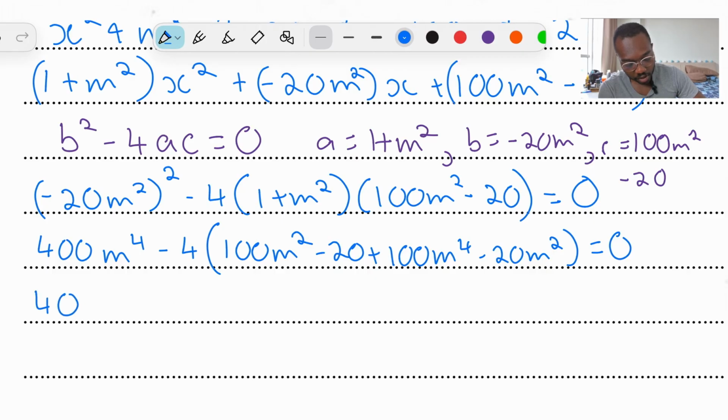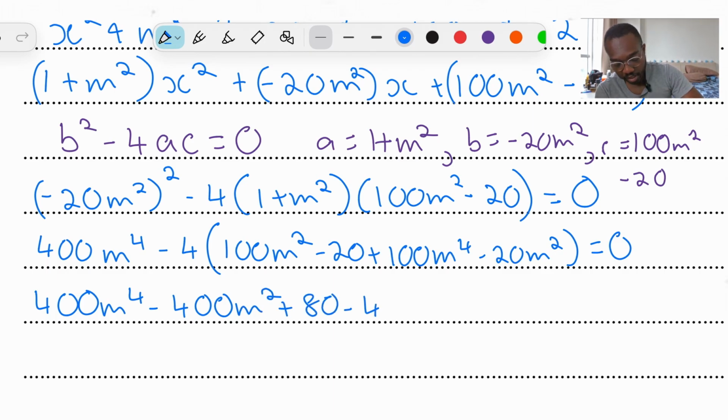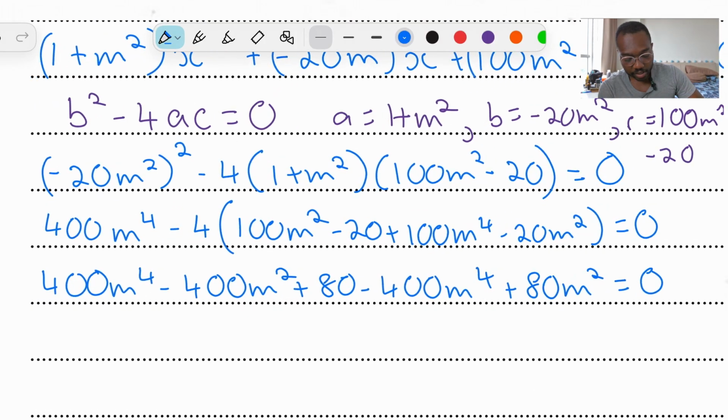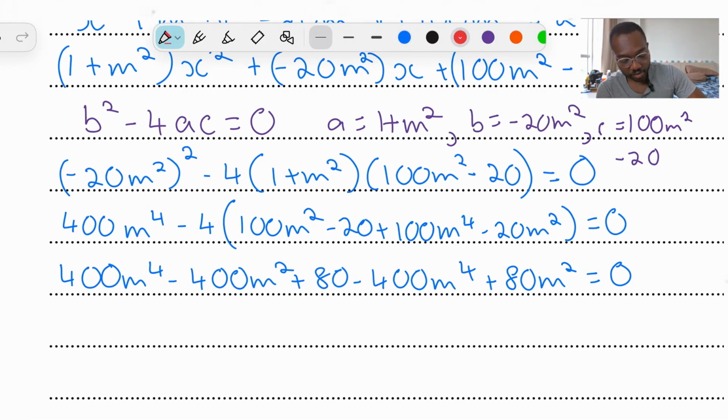Therefore, we get 400m to the 4 minus 400m squared plus 80 minus 400m to the 4, and then we get a positive 80m squared, and that is equal to 0. As you can see, our m to the 4s will actually cancel out, so this cancels out with this, so that's good for us.